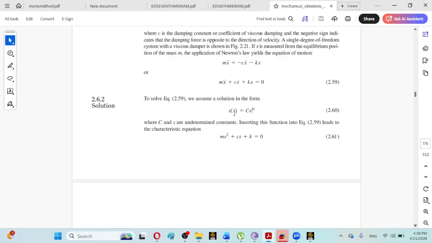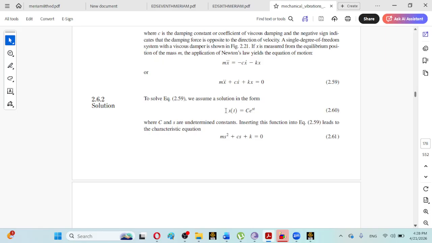So what we will simply be doing is taking its first and second derivative. Here x double dot, x dot or x is actually x(t) as a function of time, because this is the dynamic deflection. Remember, x(t) is not the static deflection, it is the dynamic deflection.